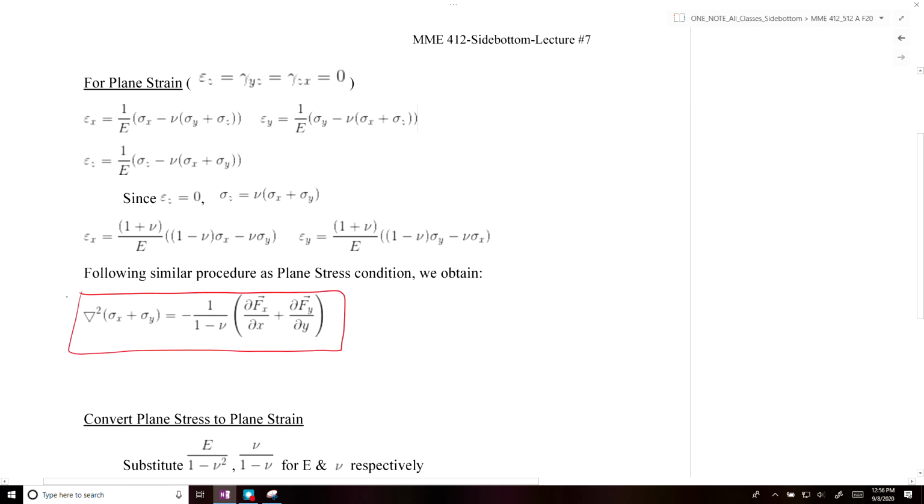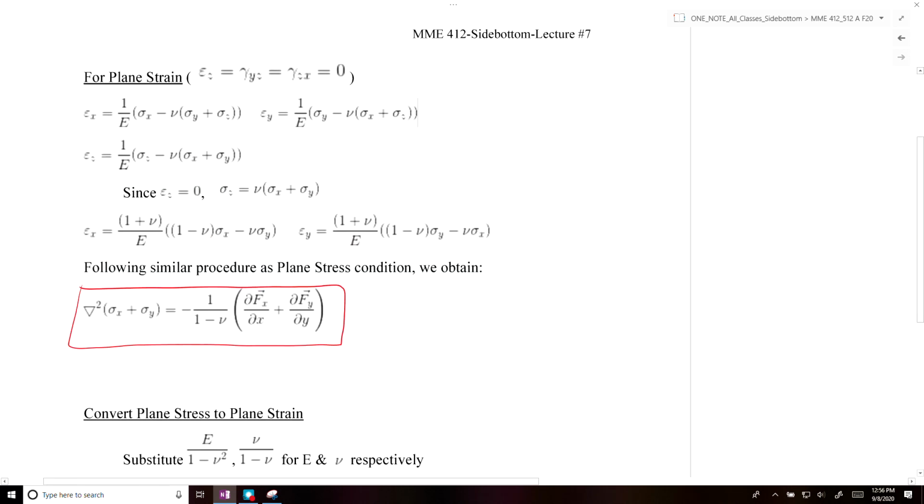Okay, so if this is found to be true for both the plane stress and the plane strain equations, what this means is that your state of stress, and therefore your strain, is compatible, and your stress element is in equilibrium.